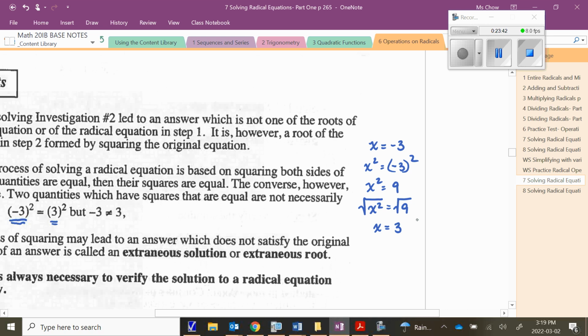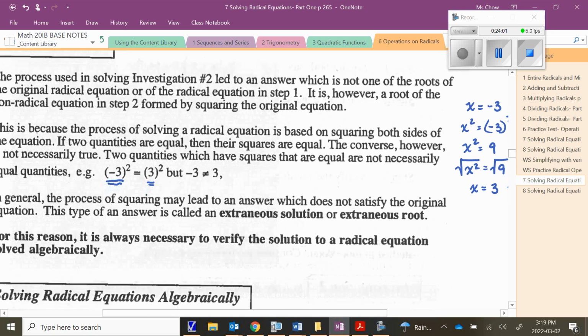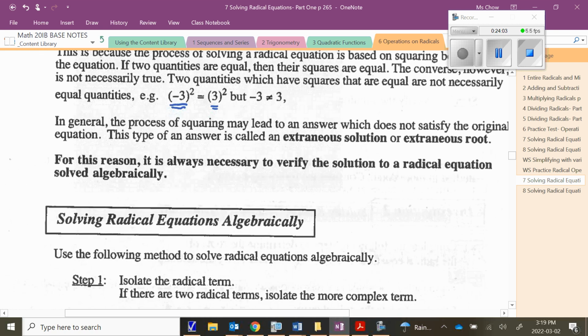And so notice how this just doesn't make sense. If x is negative 3, x cannot also be 3 at the same time. So this is why we introduce something when we square both sides that may not necessarily be possible. And so it is absolutely necessary to verify the solution to a radical equation.